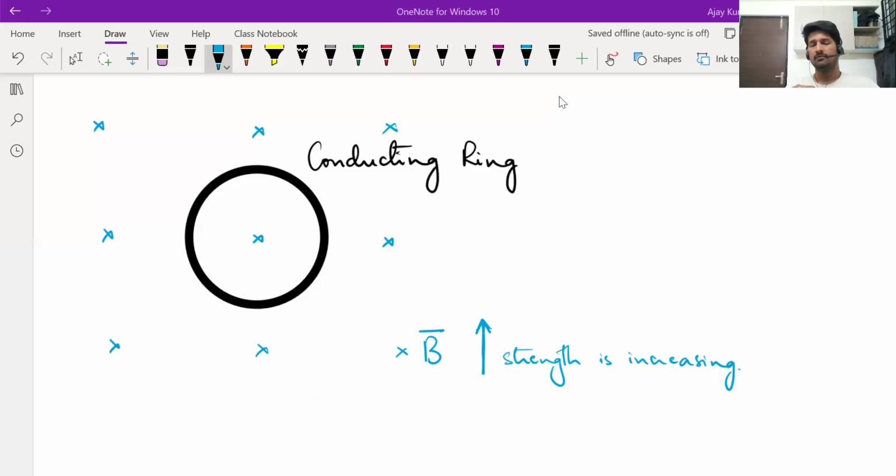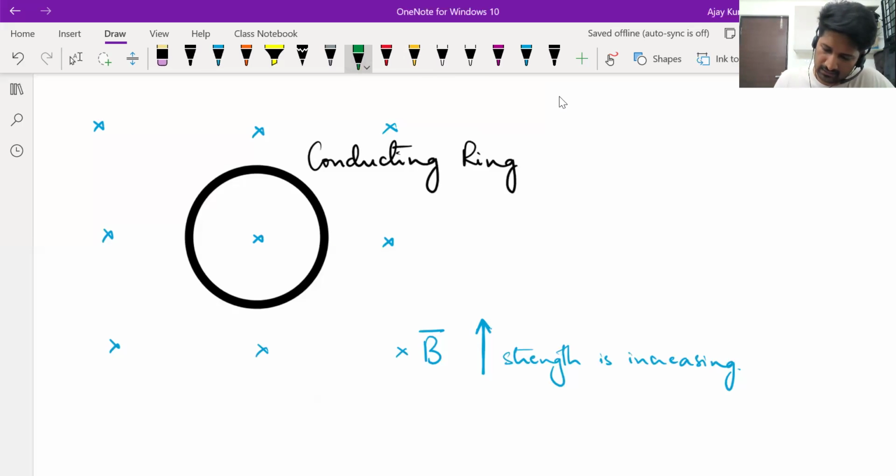Induced EMF will always drive current in such a way that it opposes the change in flux. Inward flux is increasing, so we have to somehow decrease it. So the induced EMF will produce an outward flux. It has to drive current in such a way that magnetic field gets produced out of your screen. To produce a magnetic field out of your screen, the current will have to flow anti-clockwise.